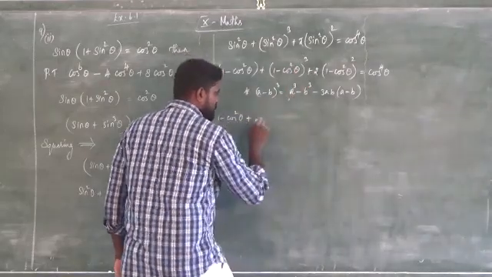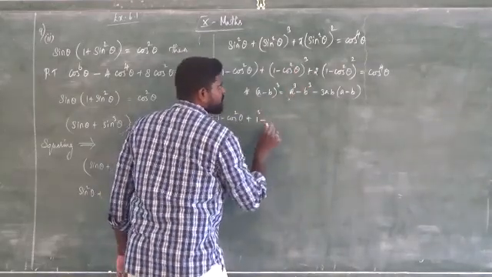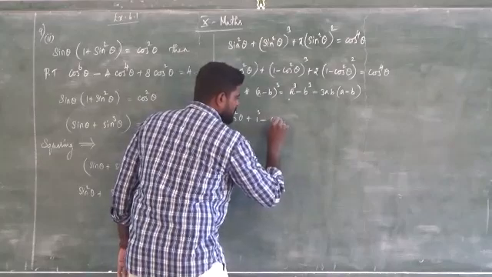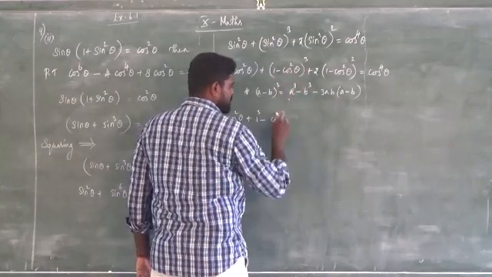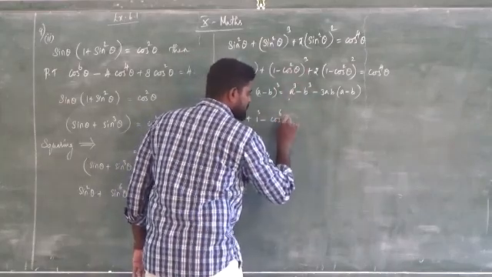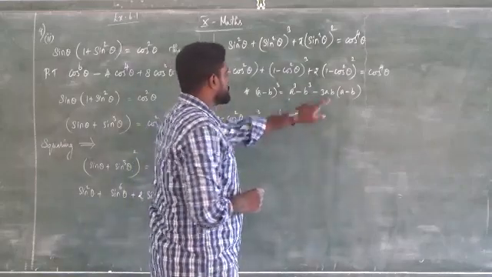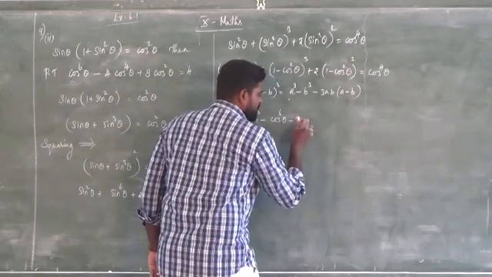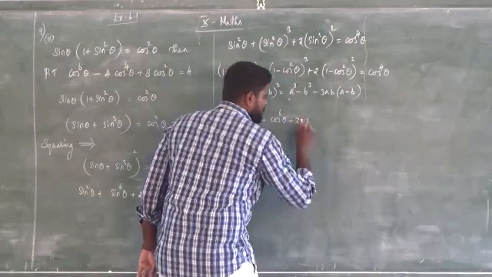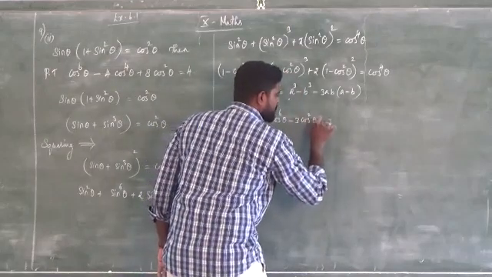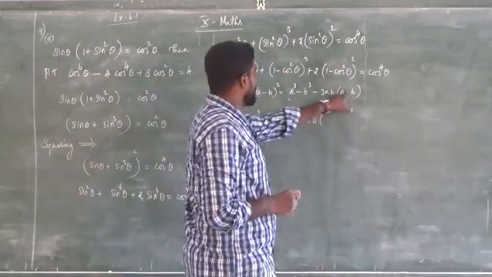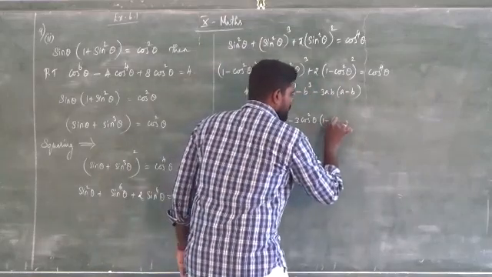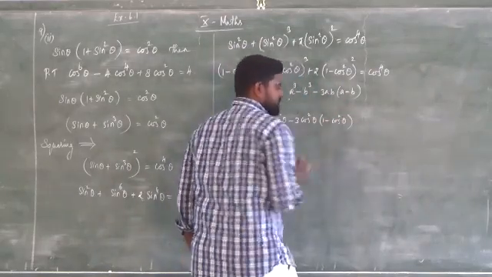What is that? A cube, so 1 cube minus b cube. B cube is cos square theta, if you take cube, it is cos power 6 theta. Then minus 3ab. So minus 3, a is 1 and b is cos square. So minus 3 cos square theta into a minus b. A minus b is 1 minus cos square theta.